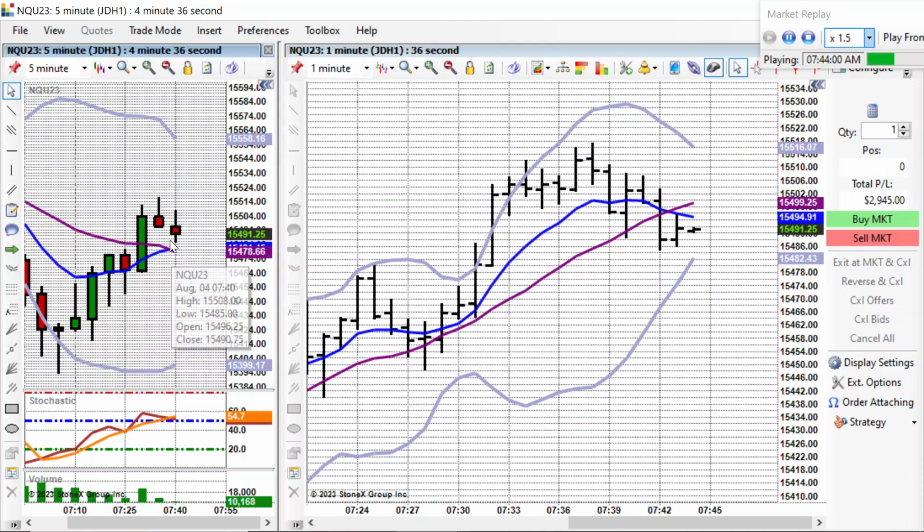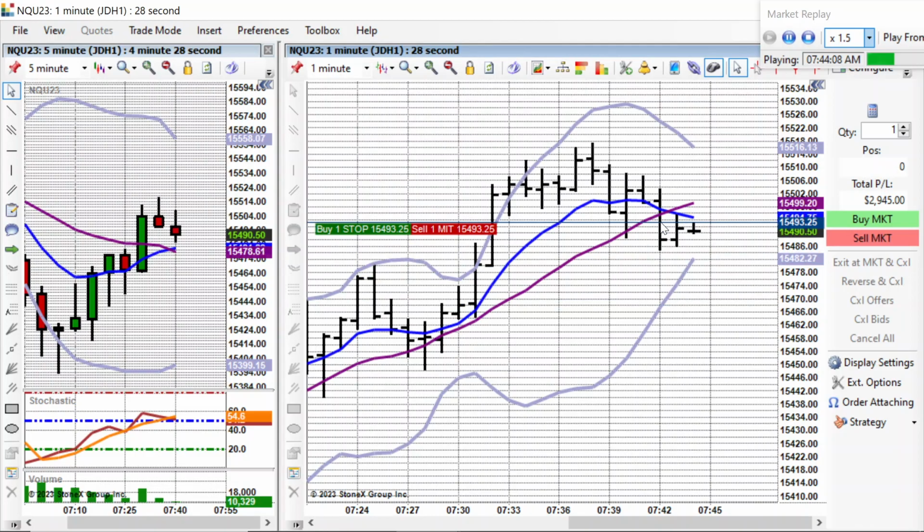You can only trade the side of the market where the blue line, the ADMA line, is on. And if I try to go short here on the 1 minute chart, I'm probably going to get burned a little bit. And I've had enough of that for the day, so I just want to make sure I'm on the right side of the market here.